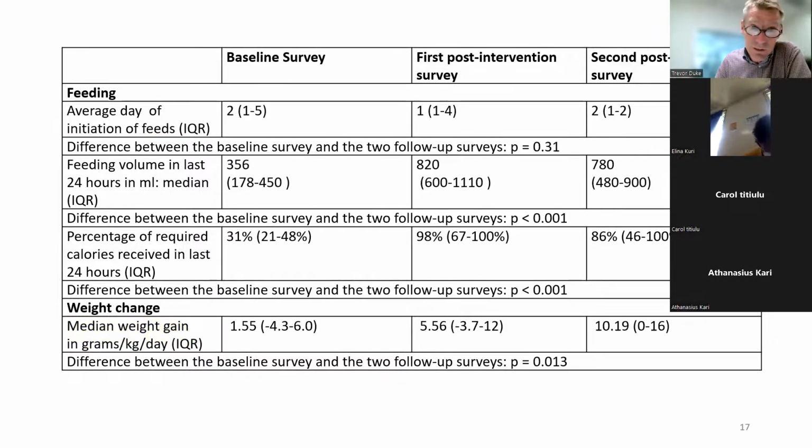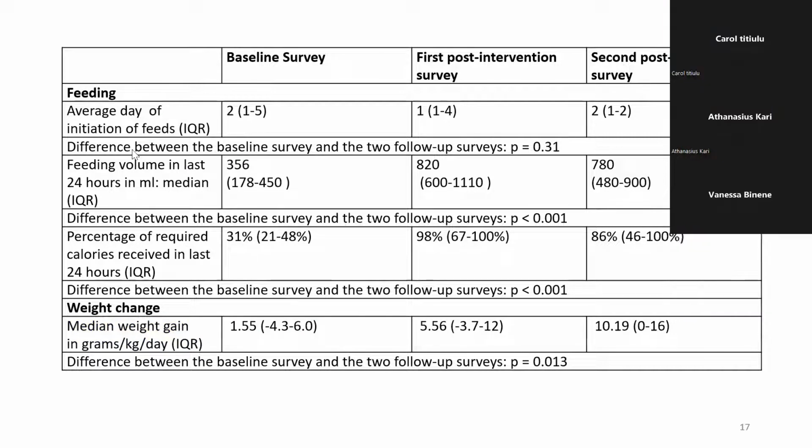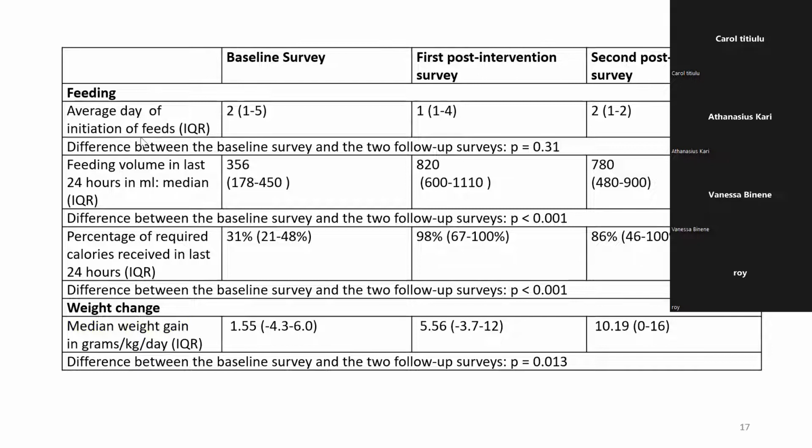And so for example, I'll just explain it. The average duration it took to initiate feeding in the survey at baseline, at the first survey and the second survey, and the volume of feeds that children received. And you can see from this that at baseline, they didn't get much in the way of feeds, but after the intervention, they got a lot more.